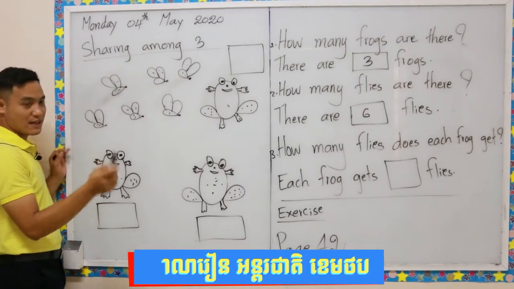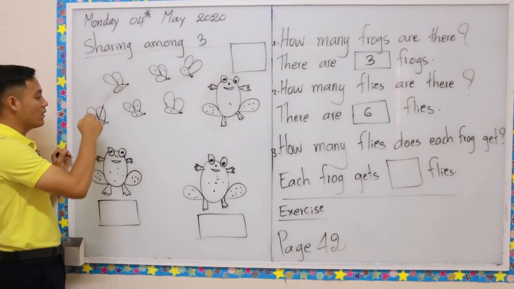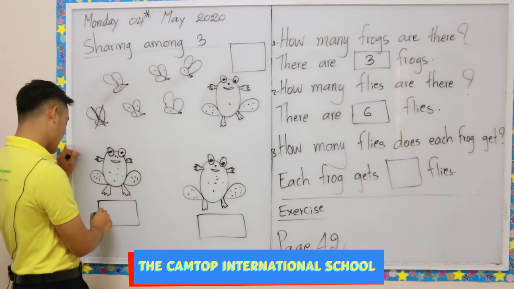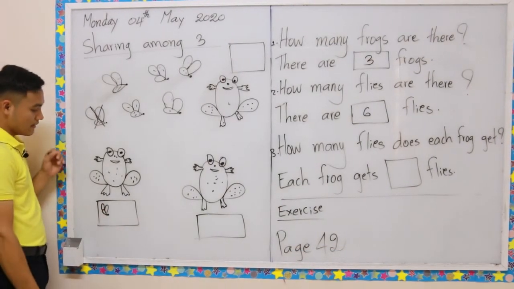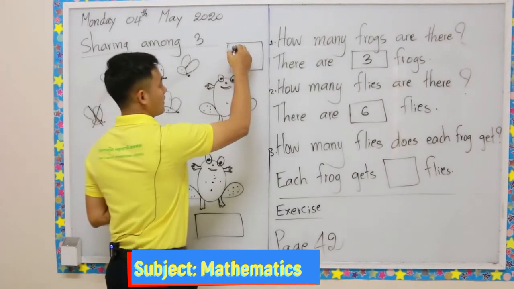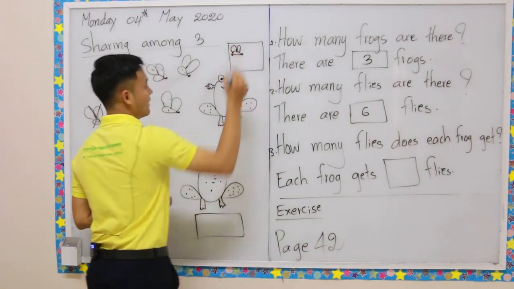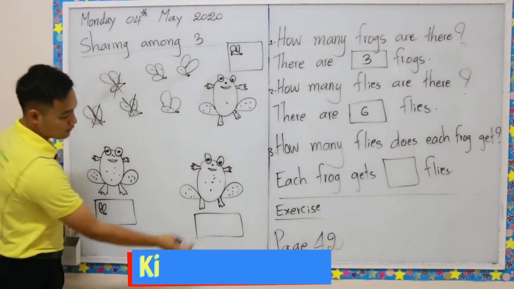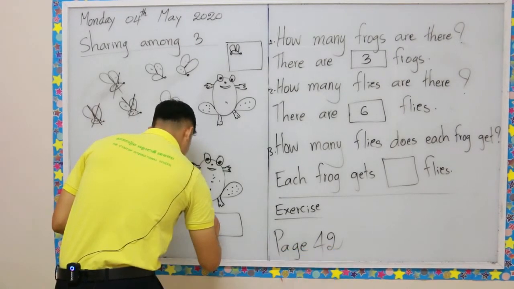So for the first one, we go to the first fly and cross it out. We cross out 1 fly and put 1 fly in the first box. Then we cross out another fly and put it in the second box. We cross out another and put it in the third box.